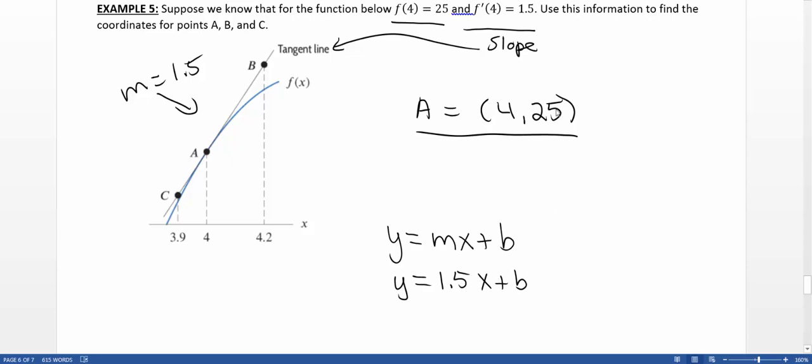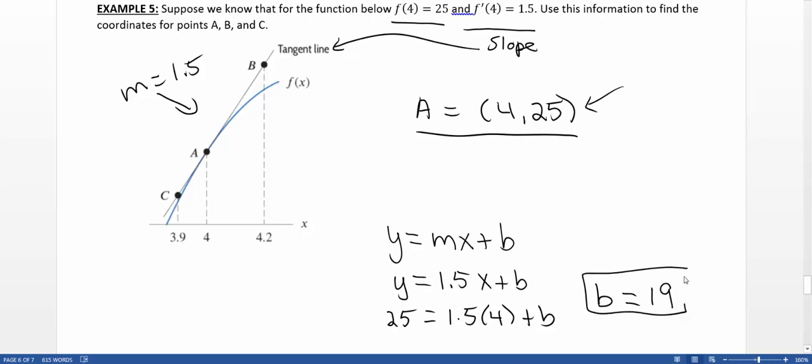And if we want to solve for b, we can use the 1 point we have, because if you have any point on the line, then you're going to know how to solve for b. So we take our point, 4, 25, and we plug it into the appropriate place. So 25 is the y value, 4 is the x value. So 4 times 1.5 is 6, and we subtract 6 from both sides, and that tells us that b equals 19.